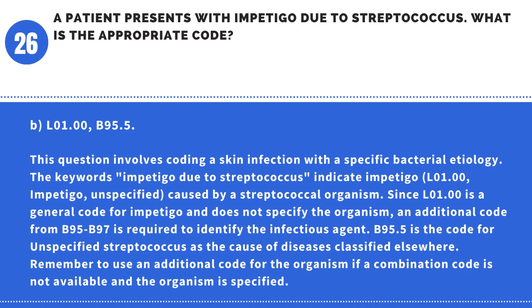Since L01.00 is a general code for impetigo and does not specify the organism, an additional code from B95-B97 is required to identify the infectious agent. B95.5 is the code for unspecified streptococcus as the cause of diseases classified elsewhere. Remember to use an additional code for the organism if a combination code is not available and the organism is specified.